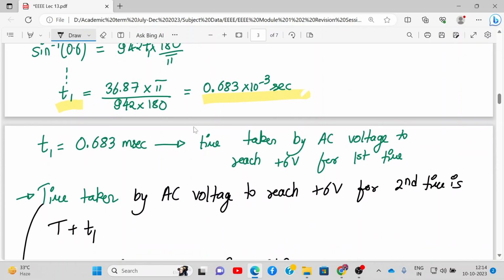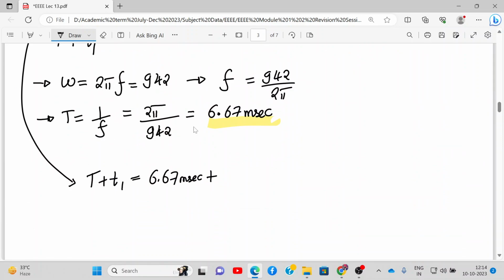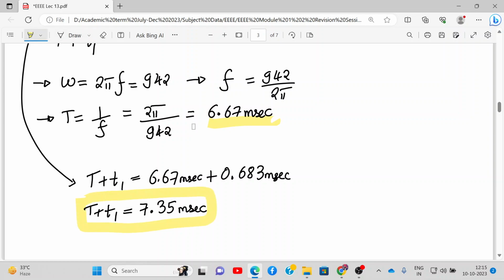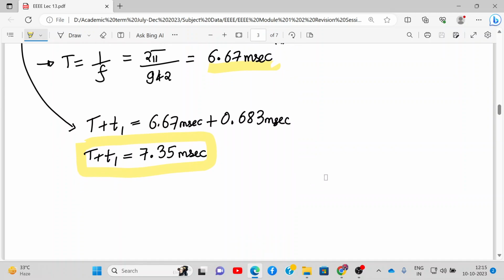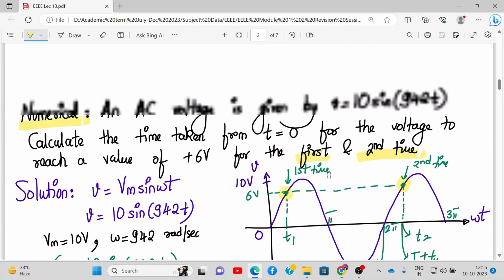T1 is 0.683 millisecond, and this will come out to be 7.35 millisecond. All right, so that's the value of T plus T1, or time taken for the AC voltage to reach plus 6 volt for the second time. And this concludes our numerical. I hope it is clear.